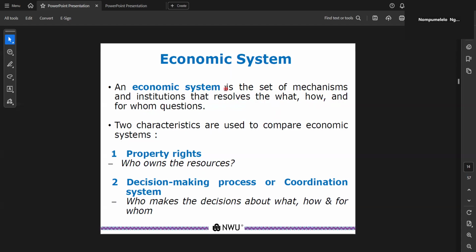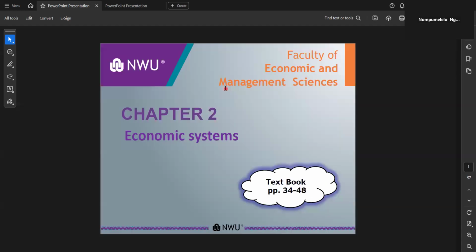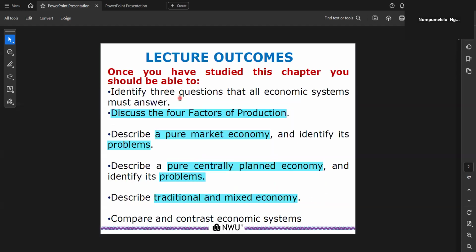The learning outcome says identify, so we don't even have to discuss them. We just have to identify the three questions that all economic systems must answer.